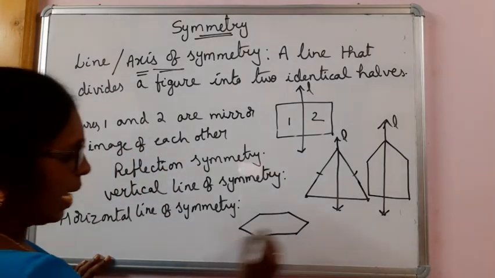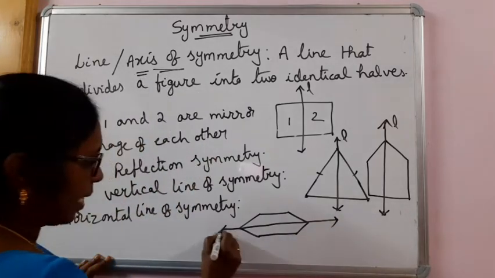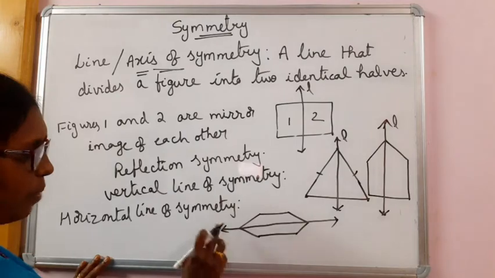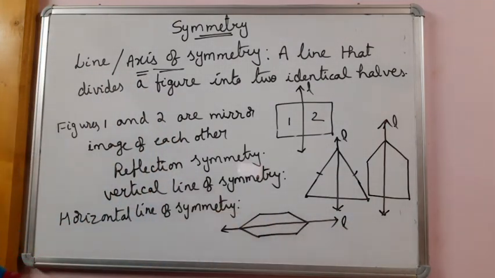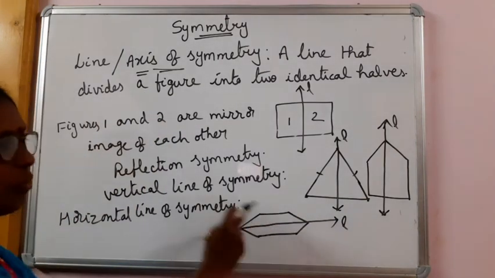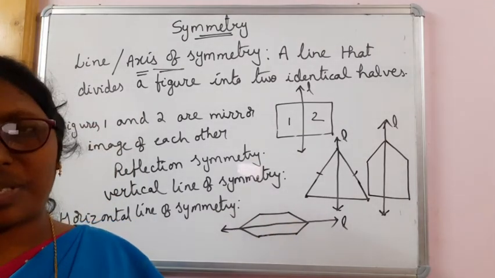This figure we can divide into two congruent halves. Actually this figure we can divide like this also. But this is the horizontal line of symmetry, because the horizontal line is dividing the figure into two identical halves.